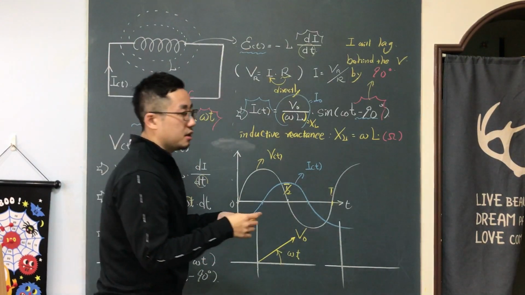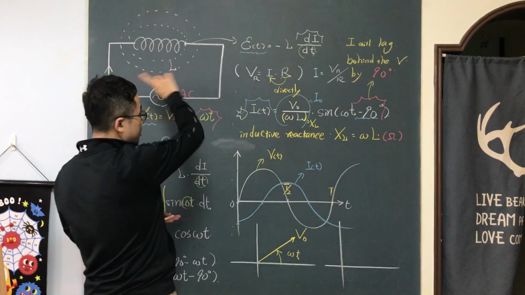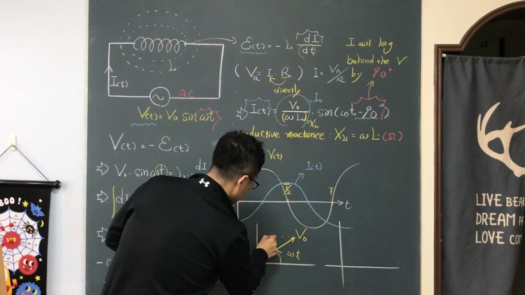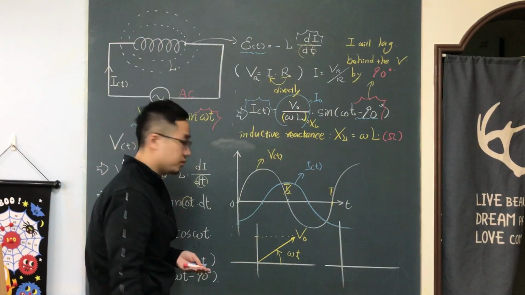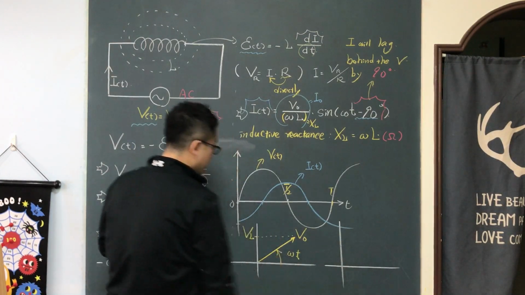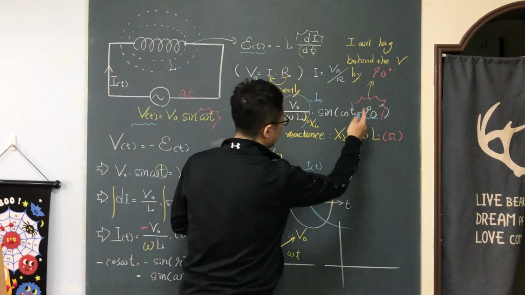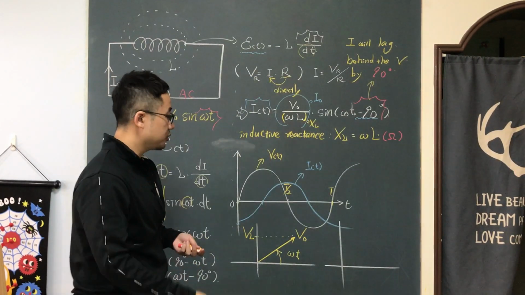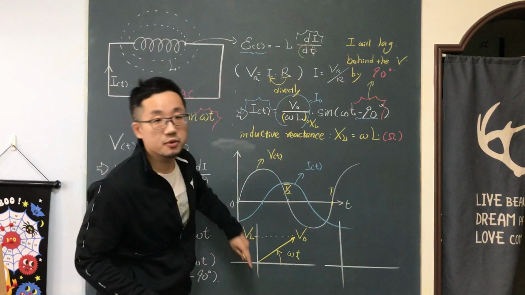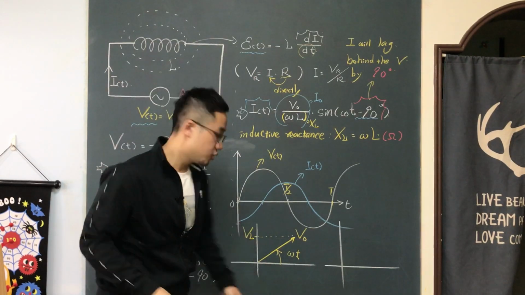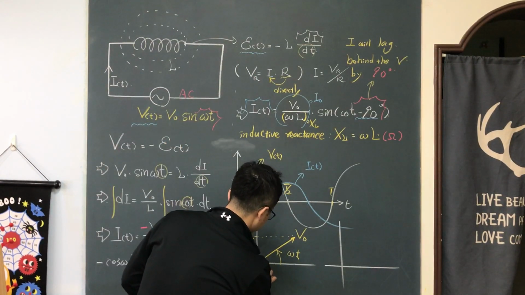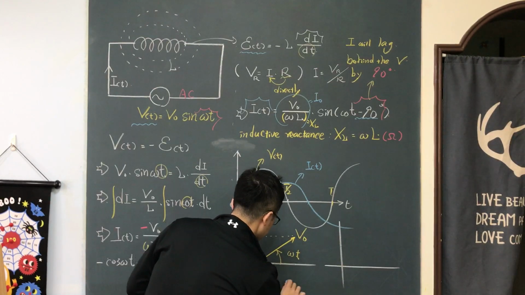What is the real potential difference across your inductor? It is the y component. This is V sub L. And for your current, since it will lag behind the voltage by 90 degrees, the current is going to be perpendicular to your voltage. This is your current.